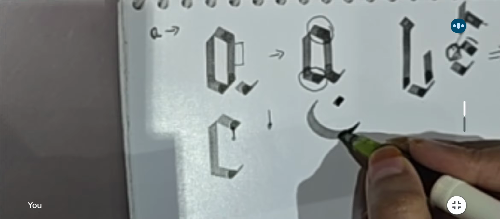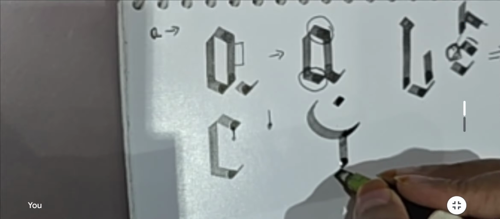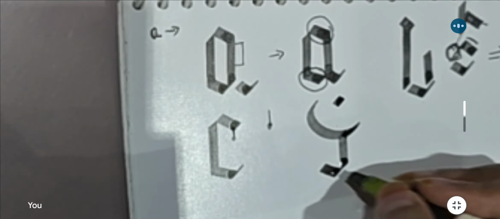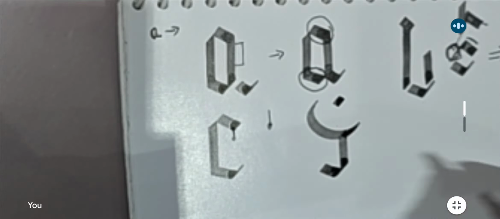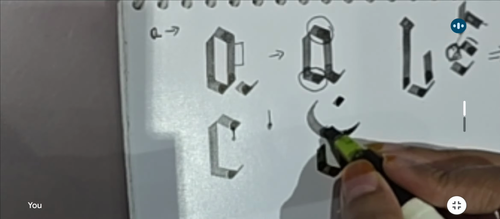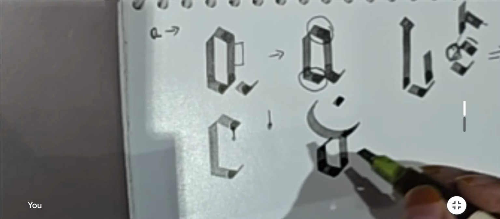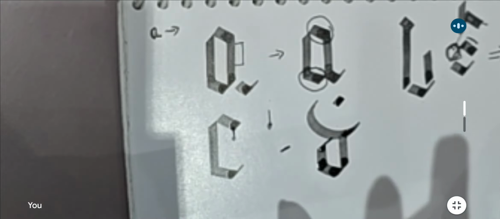From this part, you will make this straight line and then extend it in this manner. It will go up, but you will not touch the line this time. You will touch it by just a small, it's not a dot though.